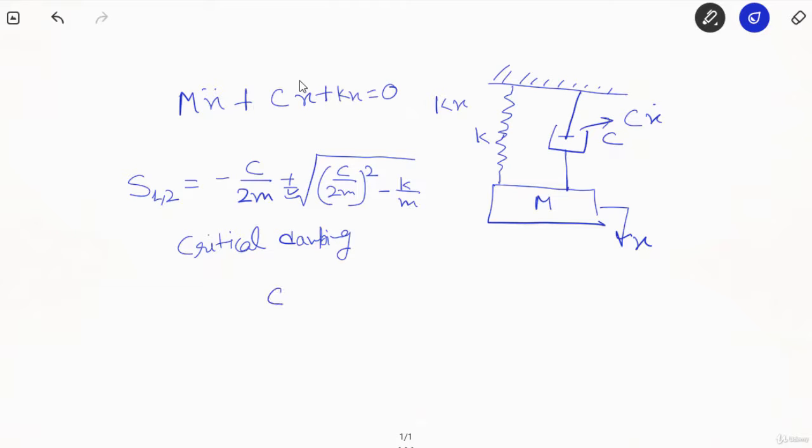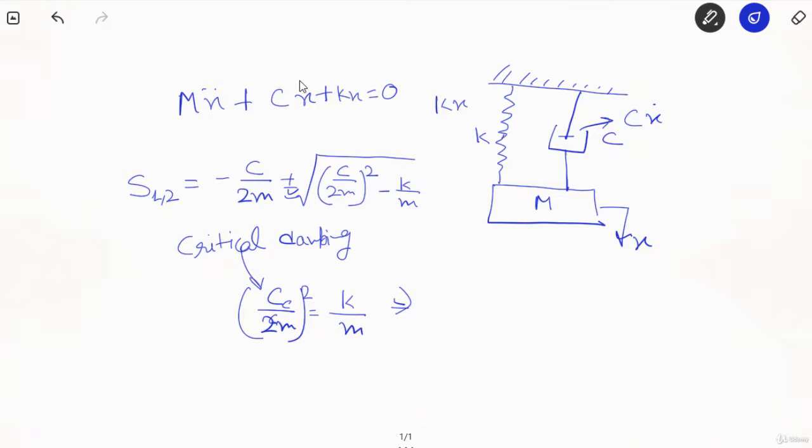We can say it this way: c by 2m whole square is equal to k divided by m. If such happens, this c becomes cc, which is called critical damping.